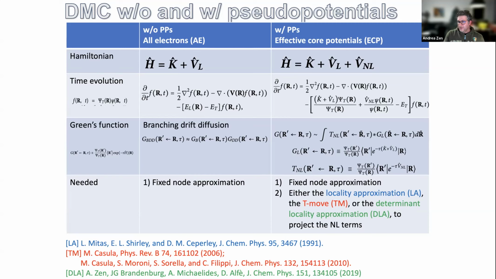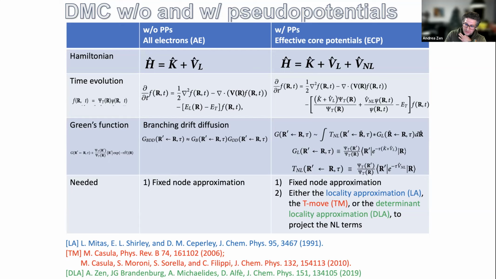But this one might give negative transitions, so it cannot be interpreted as a probability transition. So on top of the fixed node approximation, there is the need to introduce another approximation to deal with the non-local terms. The one that was introduced first was the locality approximation, in which one essentially localizes the non-local terms on the trial wave function.